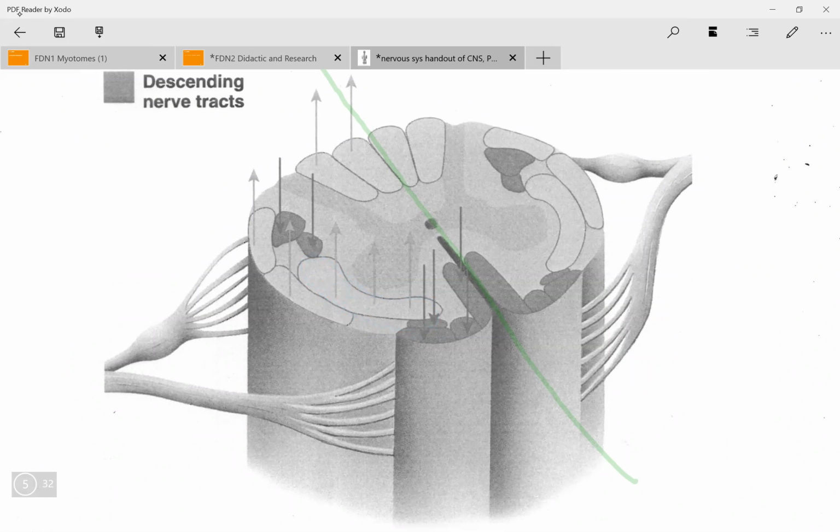And the motor are the darker colors here.